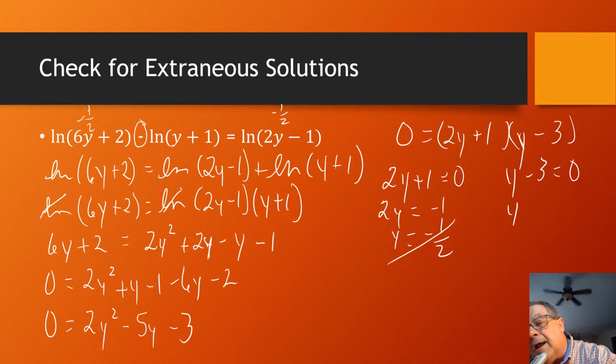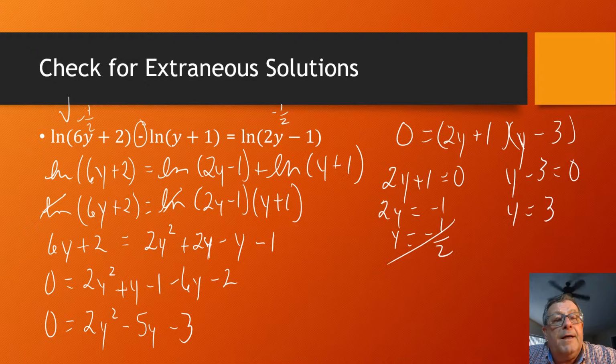Now I'm going to just go ahead and add 3 to both sides here, and then I want to check this 3. So let's see, if I put in 3 for y right here, 6 times 3 is 18 plus 2, that would be 20. And then I put the 3 in here. 3 plus 1 is 4. And remember, since I've got this minus ln, that's division.